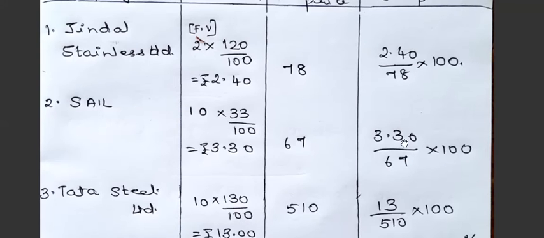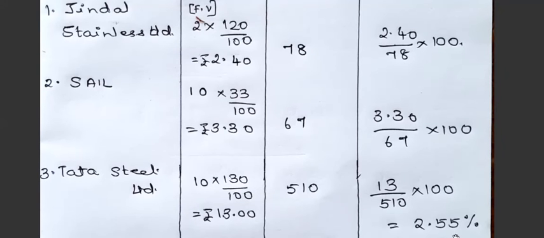Okay, to show you, these 2 you have to do. 10 into 130 into 100, you will get 13 rupees. 5.10 is the market price. So 13 divided by 5.10, you will get the answer, 2.55%. Okay, so this is an easy calculation where there is no need to calculate anything extra.